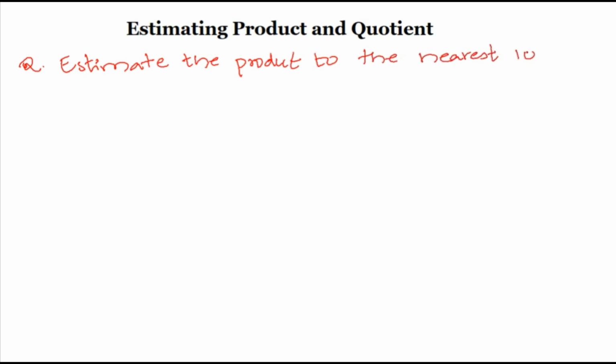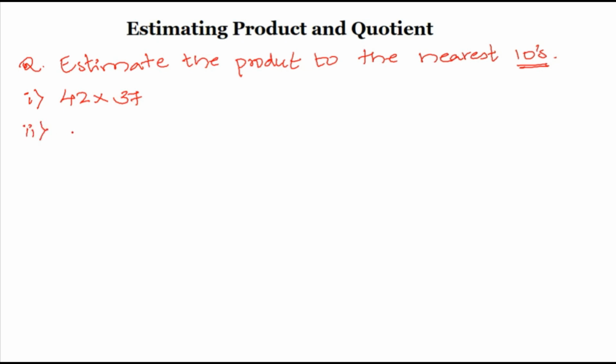Now the question is, estimate the product to the nearest tens. In that, first one is 42 multiplied by 37.